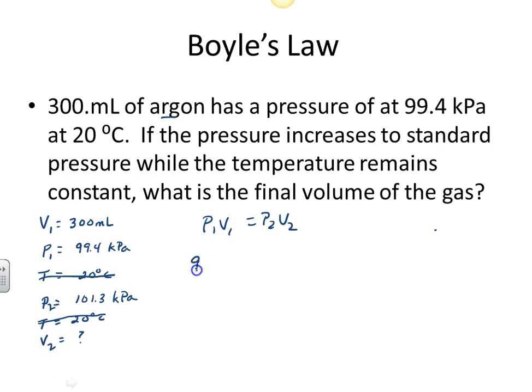Okay, so 99.4 kPa times 300 milliliters equals 101.3 kPa multiplied by V2.